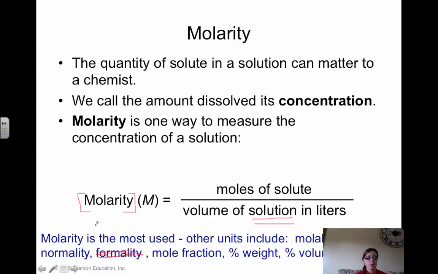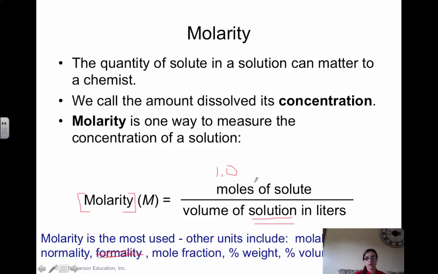To think about molarity, you can think about the for every statements. If we think about this fraction right here, let's say we have a solution that is 1.0 molar. What this means is, for every 1 mole of solute, we have 1 liter of solution.